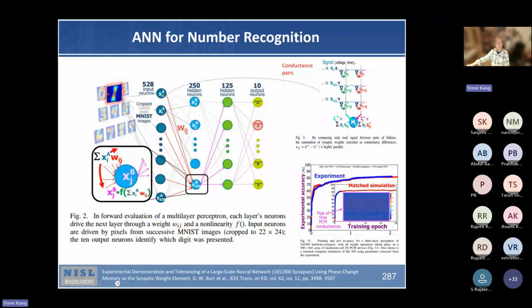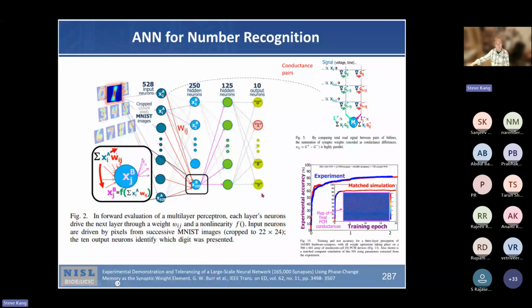It has a grid of that size. Multiplication is 528, and then you provide 1, 2 layers and then the output. So 10 output neurons, because there are 10 numbers, right? 0, 1, 2, 3, 4, to 9.